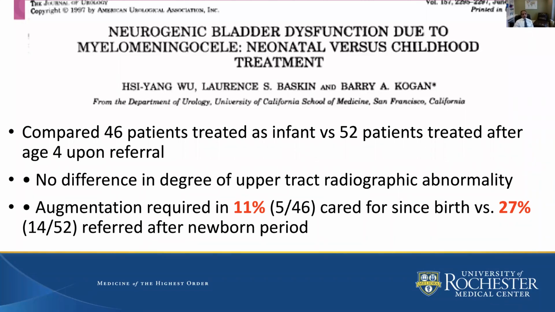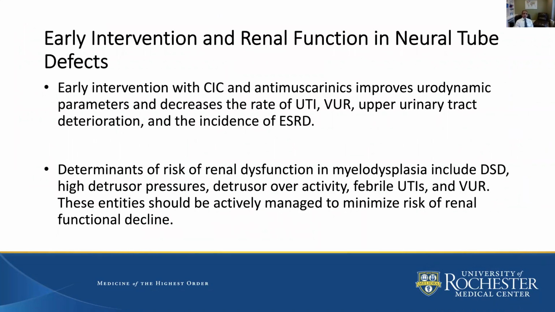It's not a true comparison, but it gives you some idea. In those who were intervened early, the need for augmentation was only 11%. In those who were referred late and did not have any intervention, the rate of augmentation was 27%. So that paper says that you can avoid bladder augmentation if you intervene early.